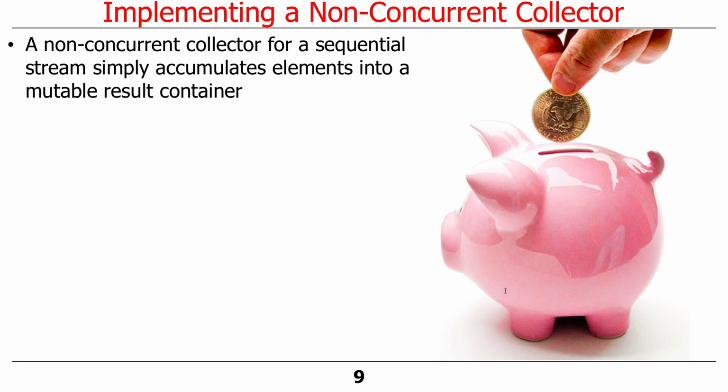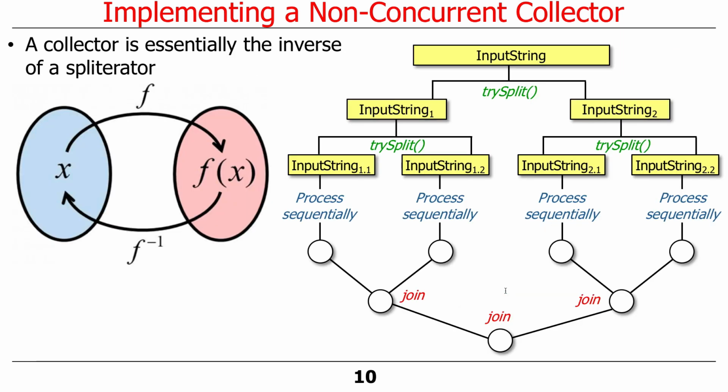So you can think of a collector, or a non-concurrent collector in this case, for a sequential stream as simply a way to accumulate elements into a mutable result container. So remember, you've got a stream of elements, values, data, objects, whatever you want to call them. And the goal of a collector is to put them someplace. A collector is essentially the inverse of a spliterator. So if you recall, what does a spliterator do?